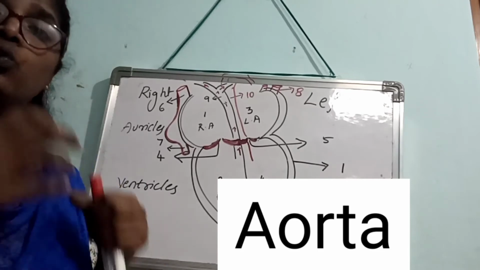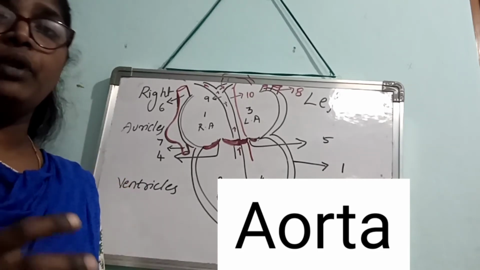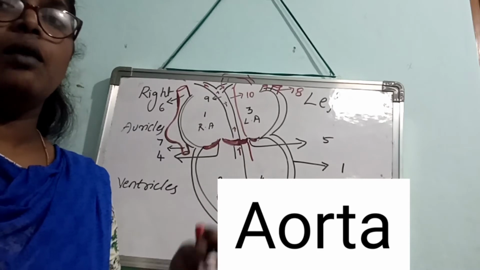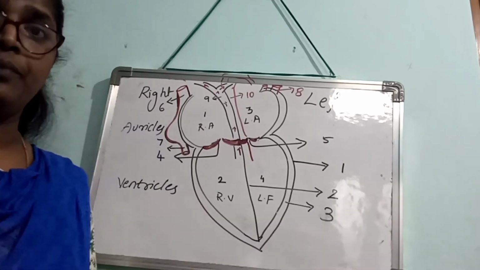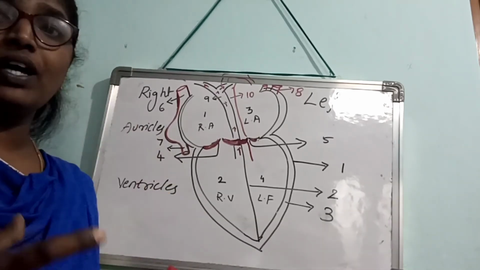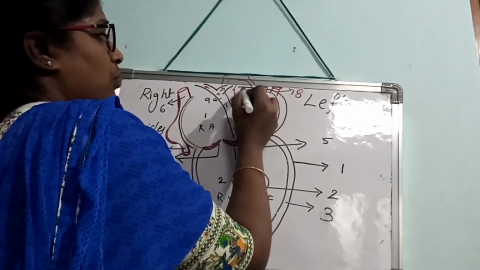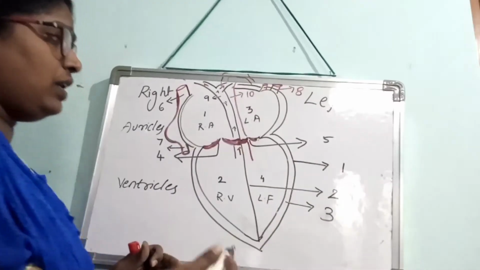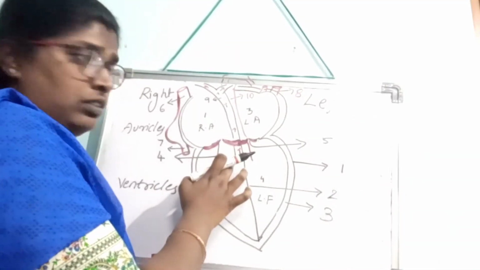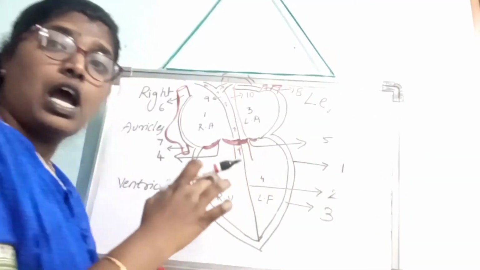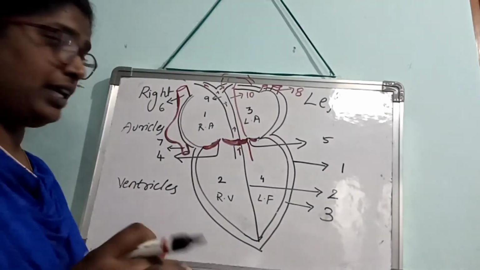This is the one which is supplying pure blood to all the parts of the body. The pulmonary artery and the aorta have valves again.